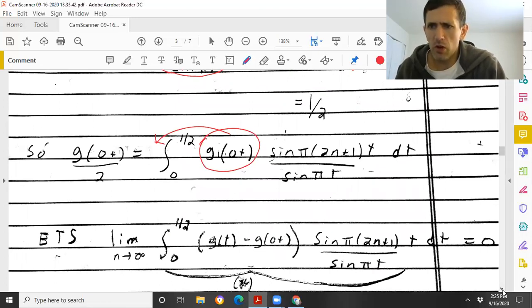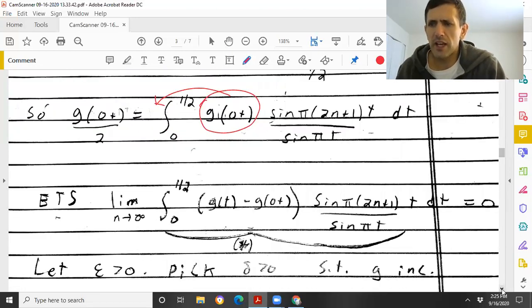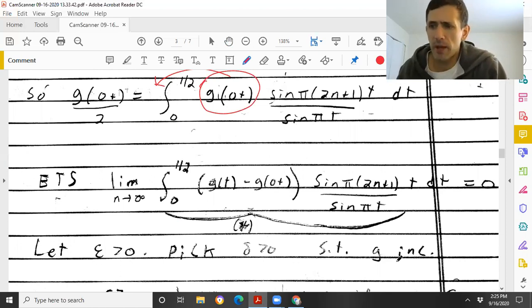All right, so we're going to now prove that. Like I said, we're going to assume f is increasing on a neighborhood of x, because if it's decreasing, just apply everything to minus f. If f is decreasing on a neighborhood of x, minus f is increasing on a neighborhood of x. So let's assume f is increasing on a neighborhood of x, and that means g is increasing on a neighborhood of 0.